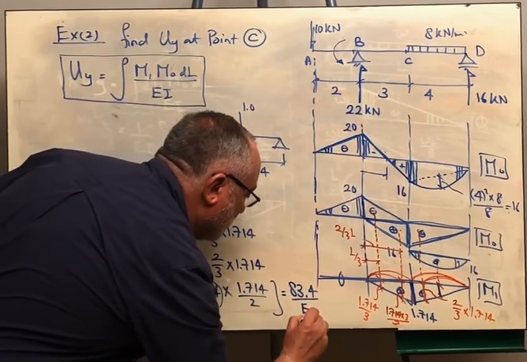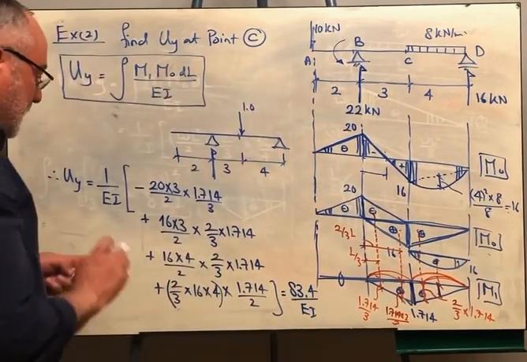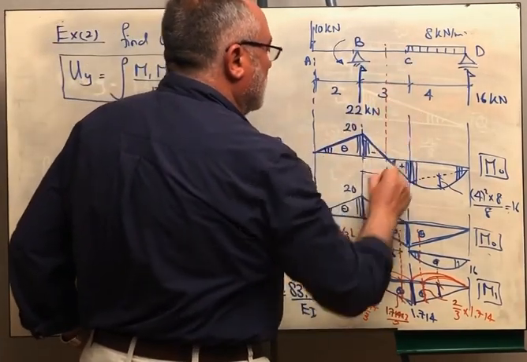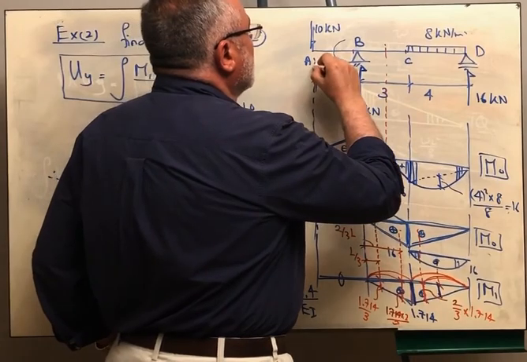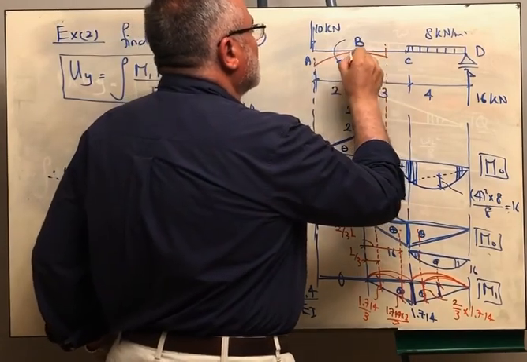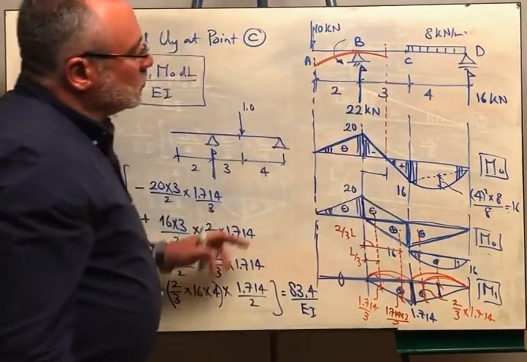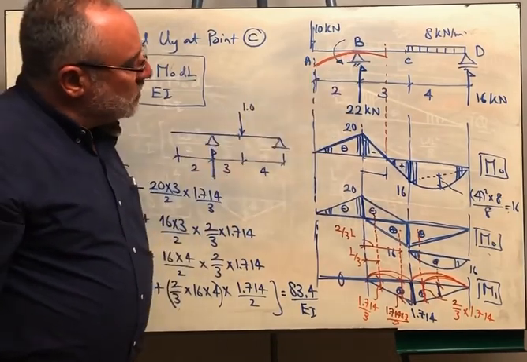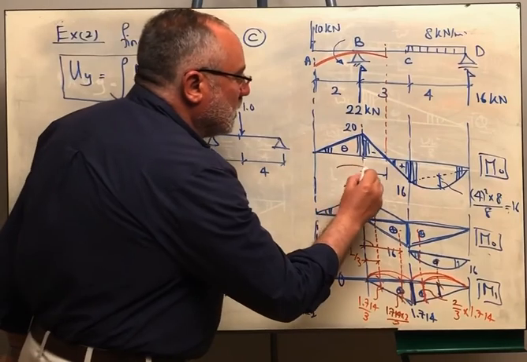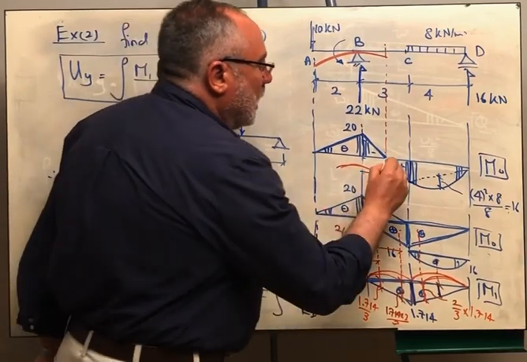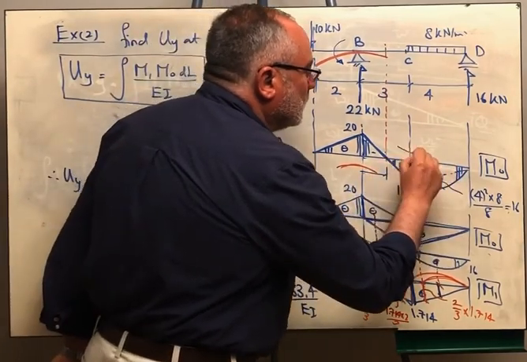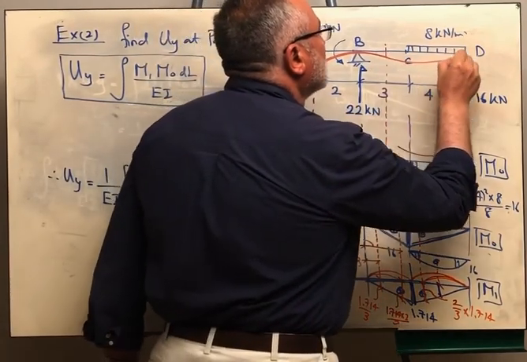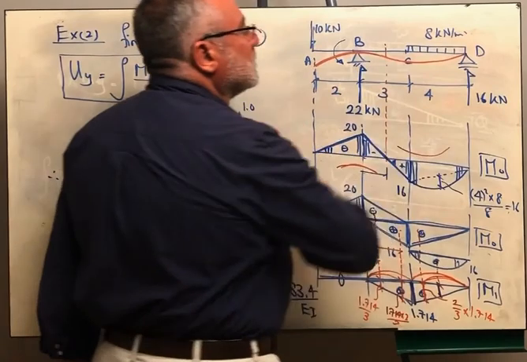83.4 over EI. It means that if we recall the method that we studied in chapter 3, this part of the deflected shape is hogging, and the deflection here should be equal to 0 because the bending moment is a negative moment, and from the inflection point to this point the deflected shape is sagging, so it has to change like this.